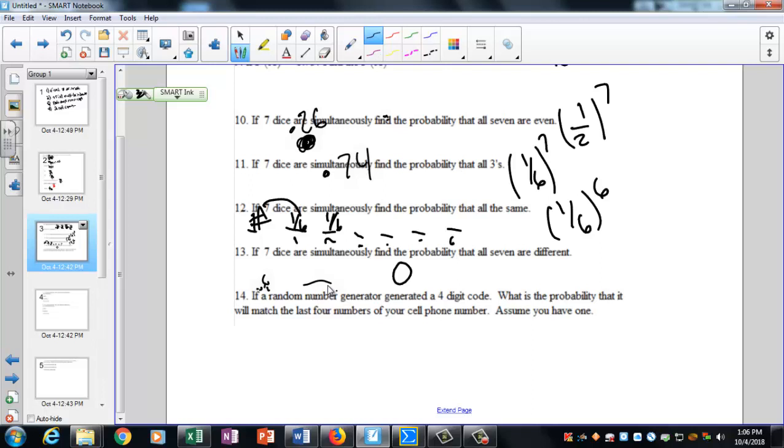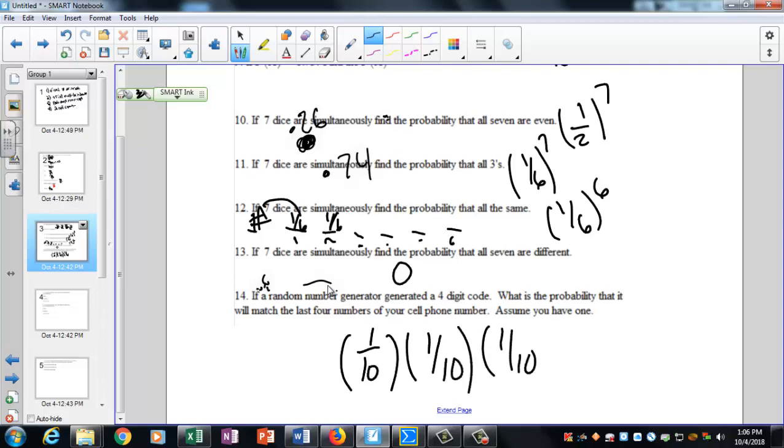What's the probability you get the right 4-digit number? Well, you've got a 1 in 10 chance of getting the first one, a 1 in 10 chance of getting the second one, a 1 in 10 chance of getting the third one, and a 1 in 10 chance of getting the fourth one.